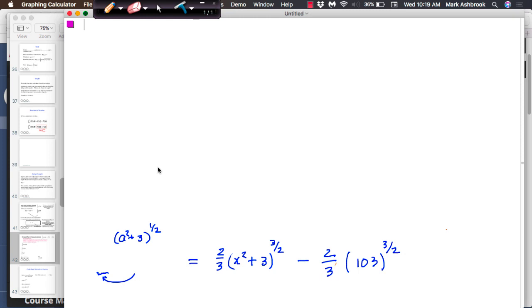So I can just do y equals 0 to, or is it 10 to x? I have no idea how this is going to look, but we'll try it. So 2a squared plus 3.